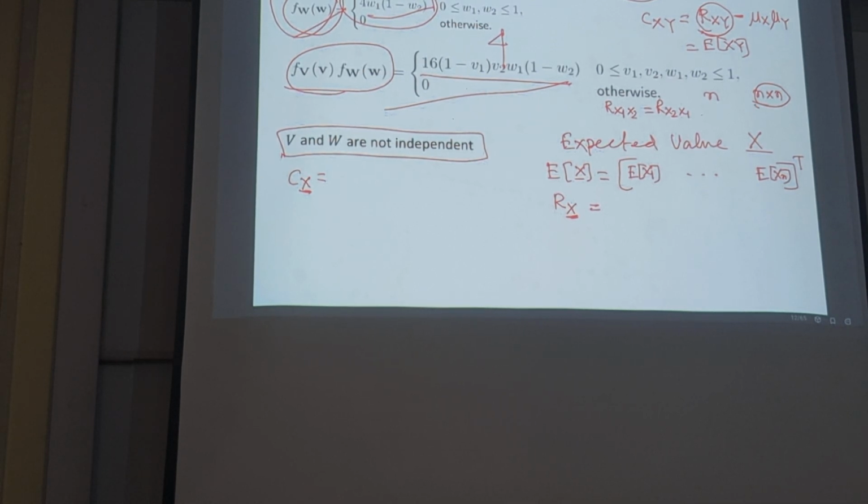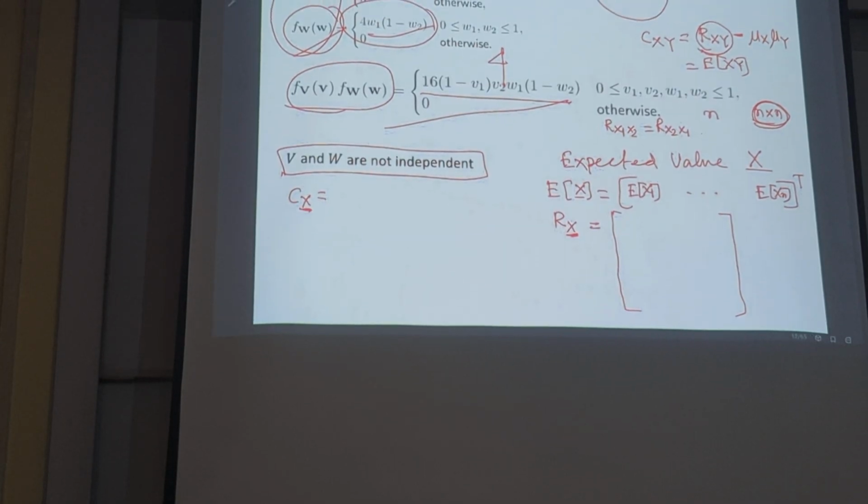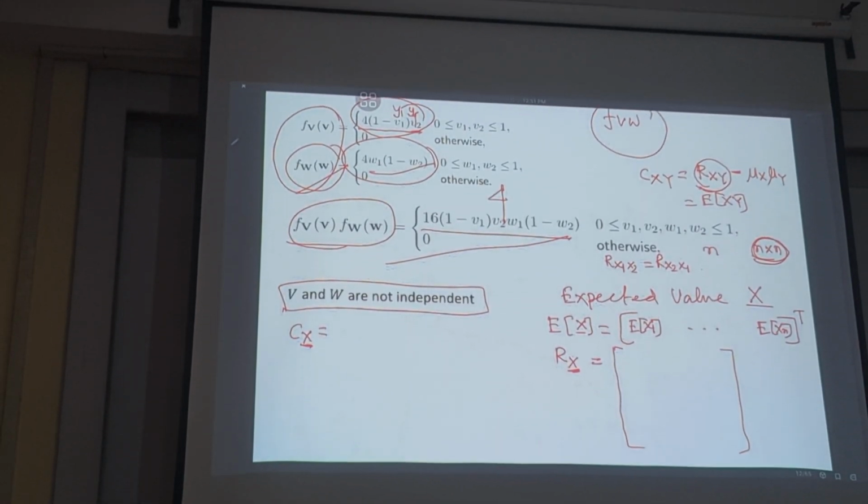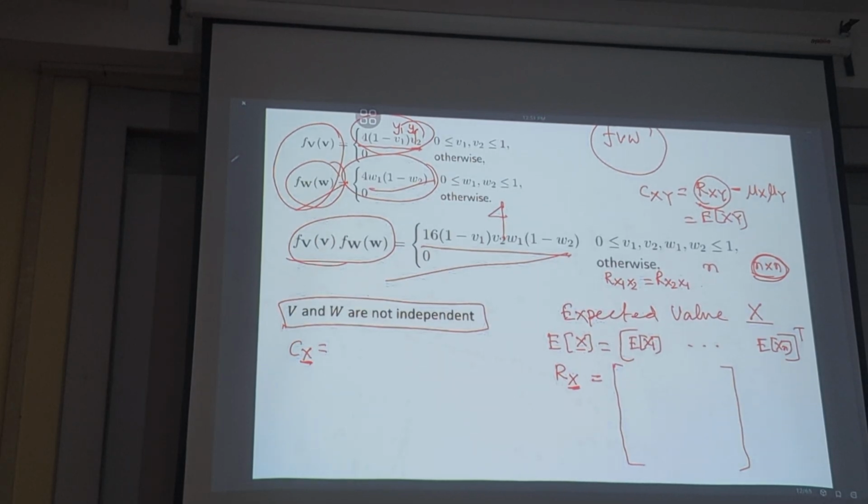So if we want to represent the correlation of a random vector, then what do we need? What do we need? A matrix. We call this matrix sometimes R. Now, what is the first entry of this matrix?